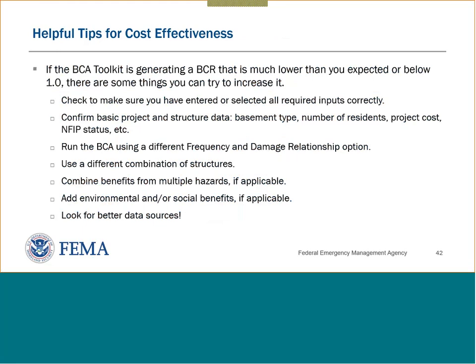If you were expecting a ratio greater than 1 and it doesn't come out that way, there are things you can do to try to increase that. Now, before I get started, you are allowed to use the methodology that gets you the best benefit cost ratio.